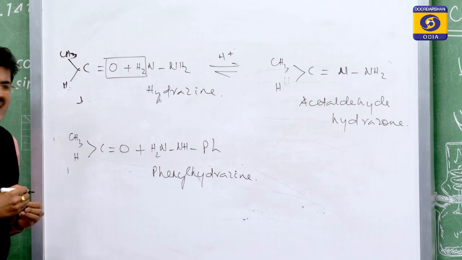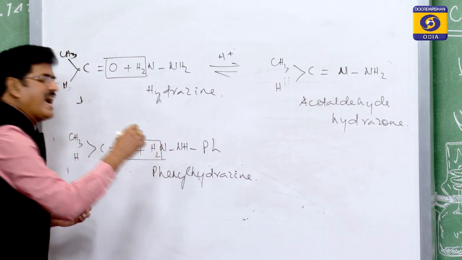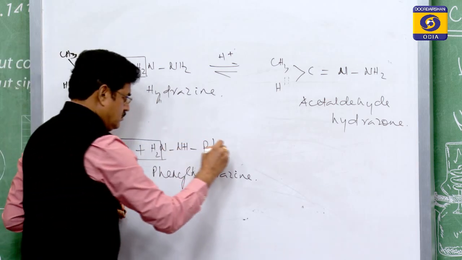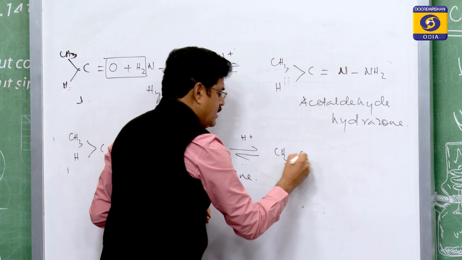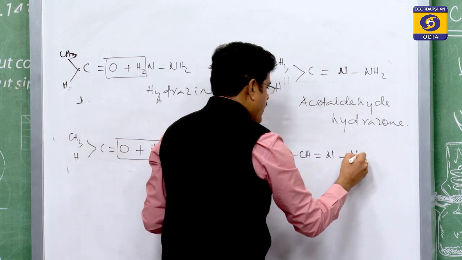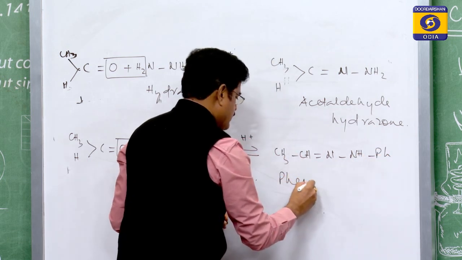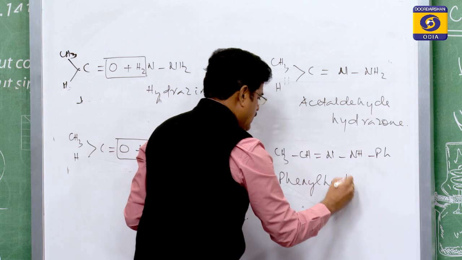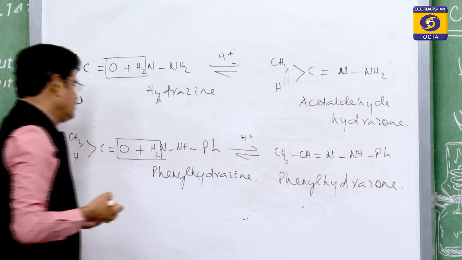Now when phenylhydrazine is added to aldehydes and ketones, it gives phenylhydrazone.